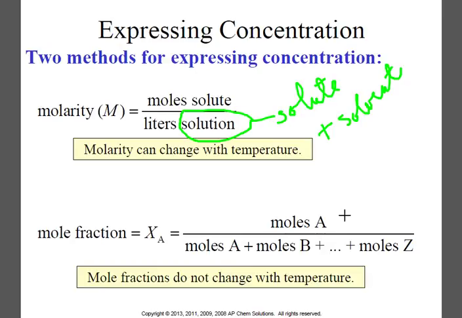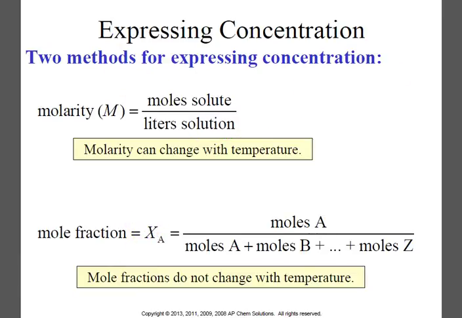So you can have the mole fraction of iron, and that's going to tell you how many moles of iron are in the entire solution, in a fractional form. So X is always the symbol, but then this A right here just means the element or compound that you're talking about.